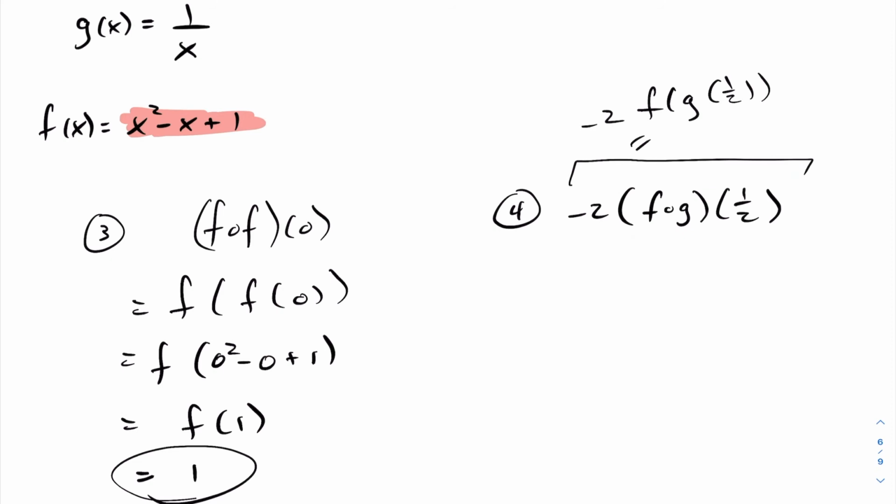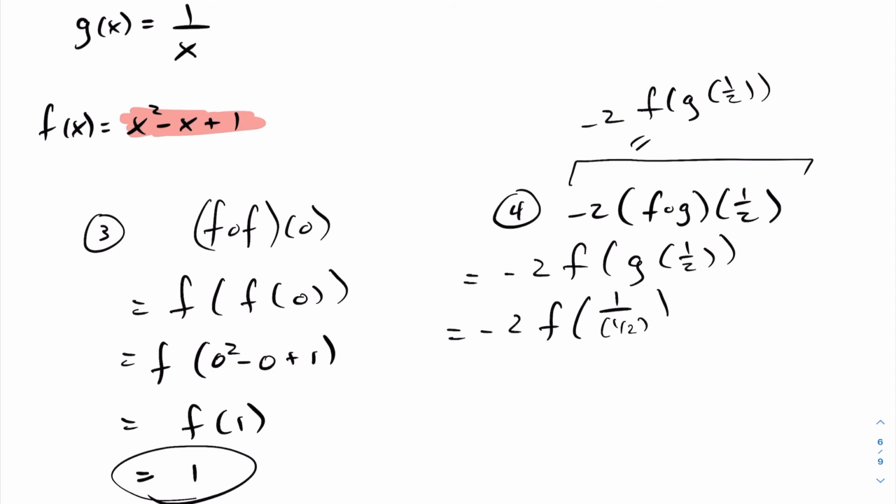So if I'm going to evaluate this here, it's going to be -2 times f acting on g at a half. Okay, well, what's g at a half? Well, it's going to be -2 times the function f acting on 1 over 1/2. And as you know, when you divide by fractions, you multiply by the flip. So this is equivalent to being f at 2.